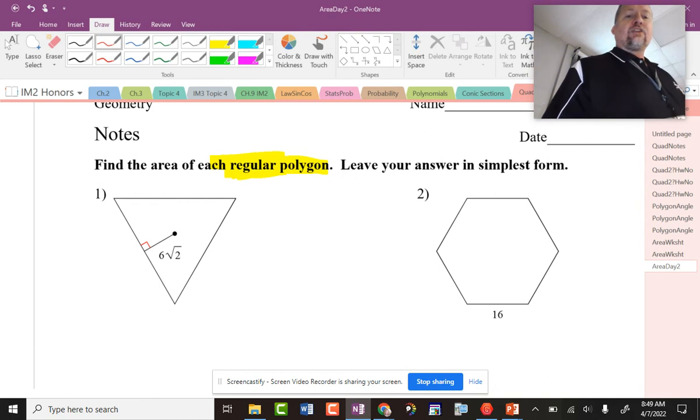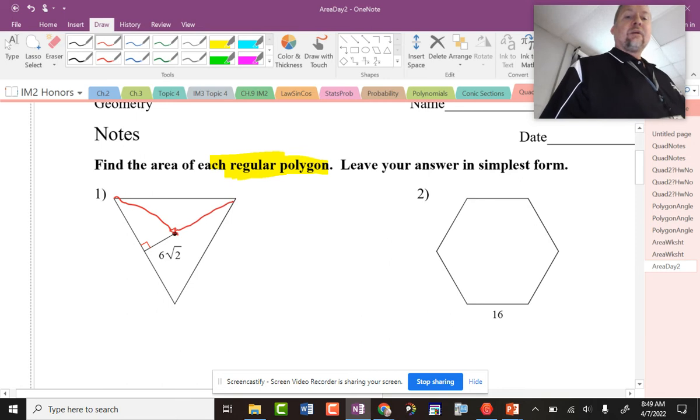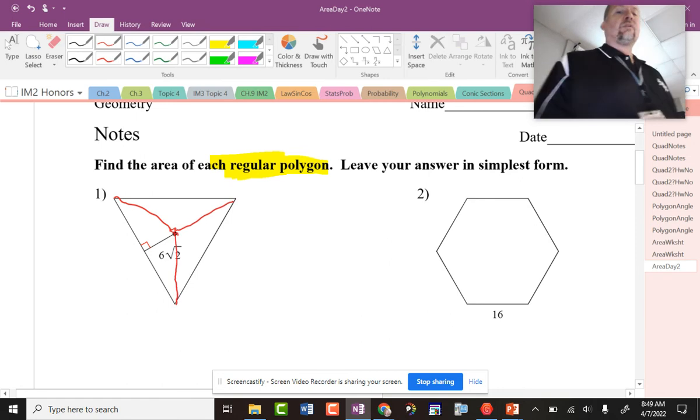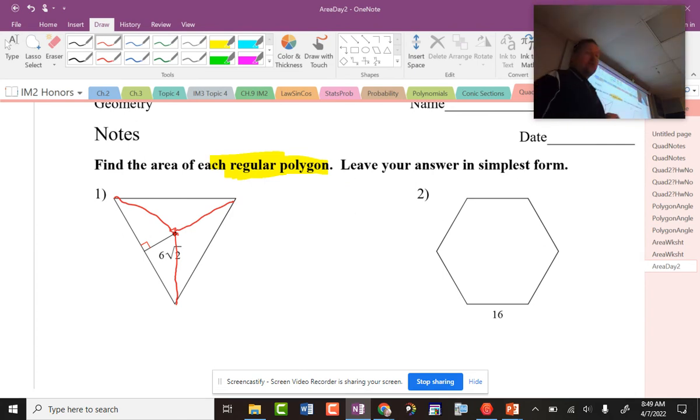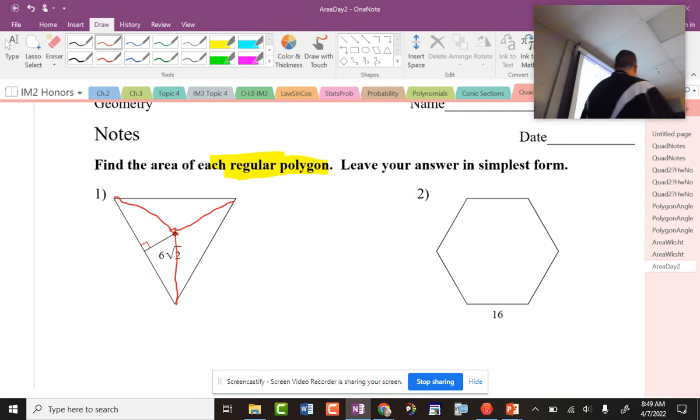So probably one thing I should do is draw all the what are actually called the radii, because I could draw a circle that this triangle is inscribed in, and those will be the radii of that circle. I'm kind of ignoring what we learned about regular polygons.